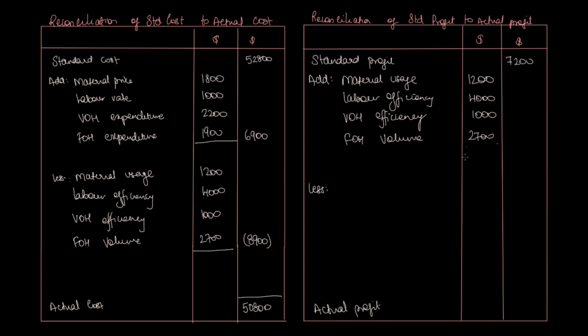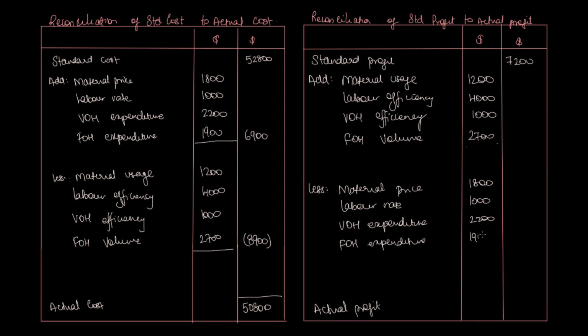Okay, let me take the total later. Under less, I will write material price, labor rate, variable overhead expenditure and fixed overhead expenditure.